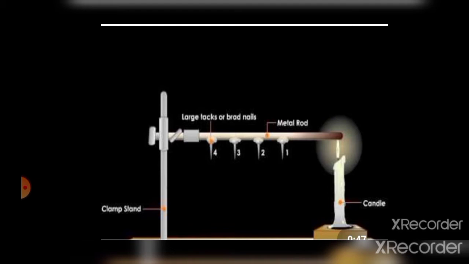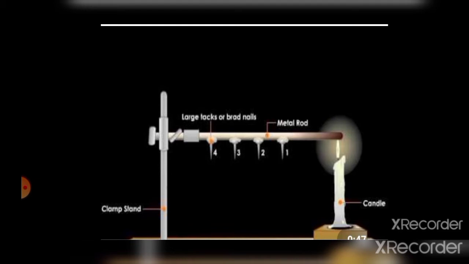I'll explain this. The burner is placed below the left end of the aluminium rod, so the left end gets heated first. Now the left end of the aluminium rod is hot, but the right end of the rod is cold.